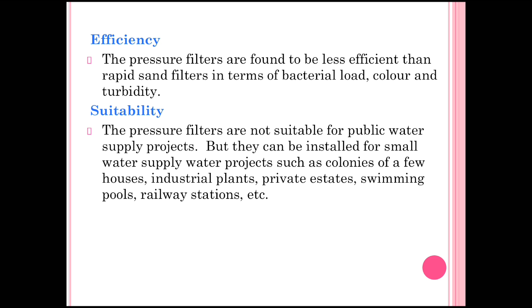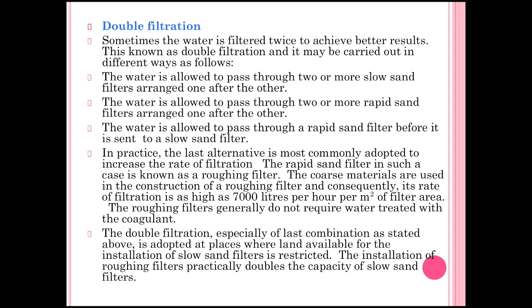Now the last concept of the filtration is the double filtration. Sometimes the water is filtered twice to achieve the better result. This is known as double filtration method and it may be carried out in different ways. The water is allowed to pass through two or more slow sand filters arranged one after another.